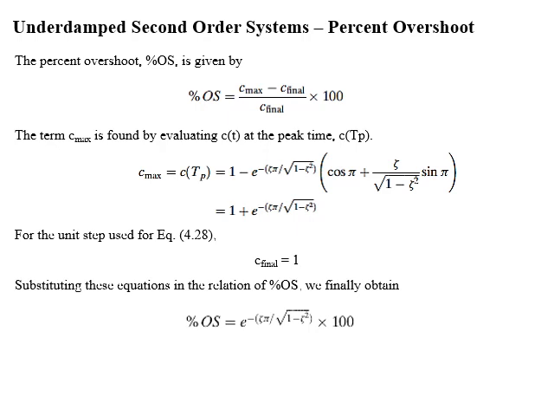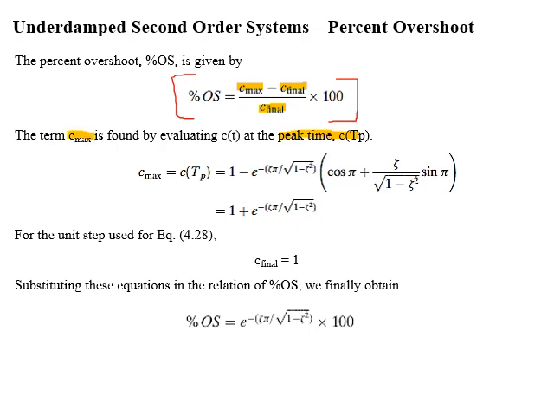Students, now to find percent overshoot, we'll use the relation given in the first equation of the slide. In this, C max corresponds to the maximum value of the response and C final corresponds to the steady state or final value of the response. Now we know that the maximum value of the response, C max, occurs at peak time.